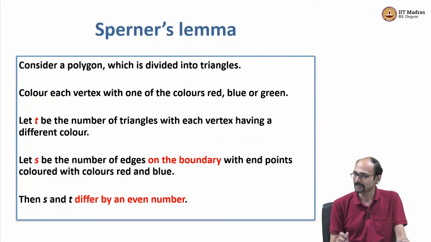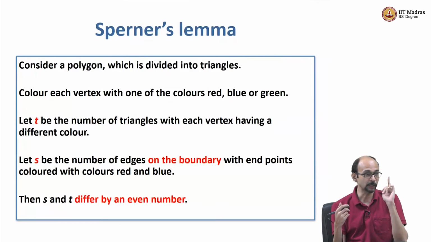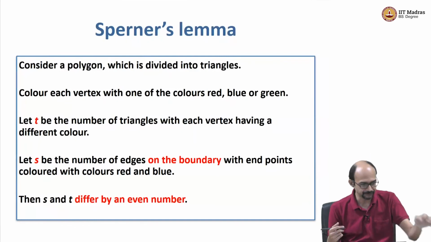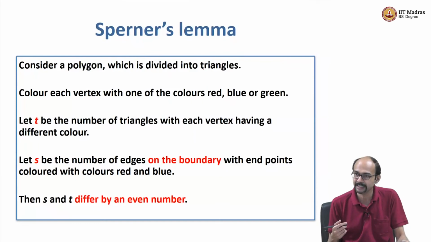So now we have to apply Sperner's lemma to our problem. What was our problem? You take a square and slice it into triangles of equal area, and you want to show that the number of triangles is an even number. That's the aim.